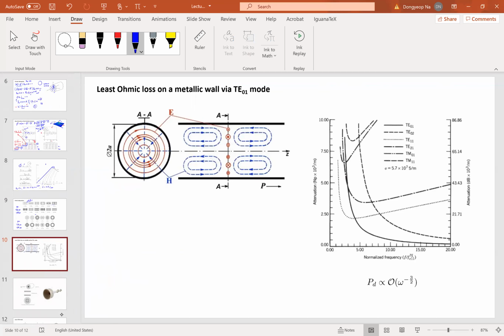Then let's discuss the metallic ohmic loss. Actually, these hollow waveguides are usually used for high power microwave engineering applications.